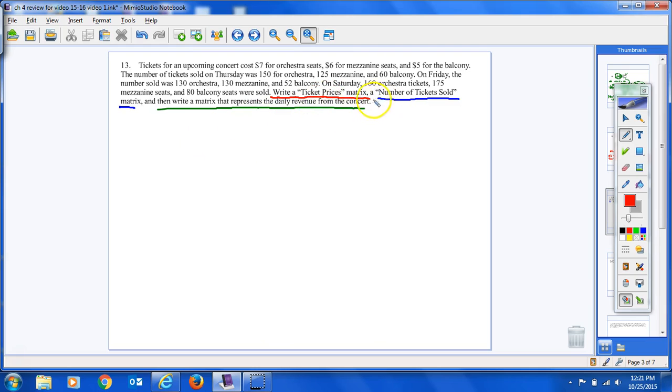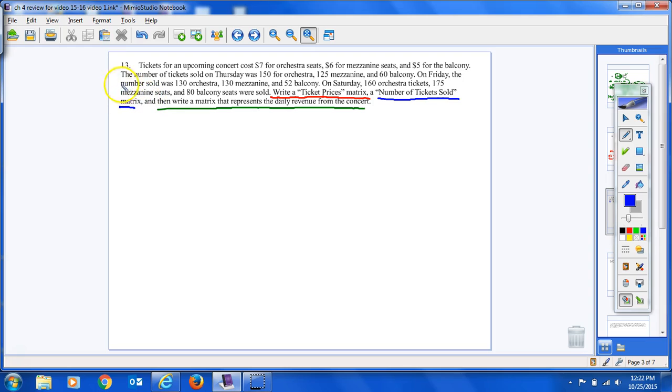The bottom line of this is, since I do need to write a product matrix, I've got to be careful that I write the dimensions. I set these up so that the dimensions allow me to multiply. Okay, for example, let's start first with this number of tickets sold matrix. Let's just think about that for a second.